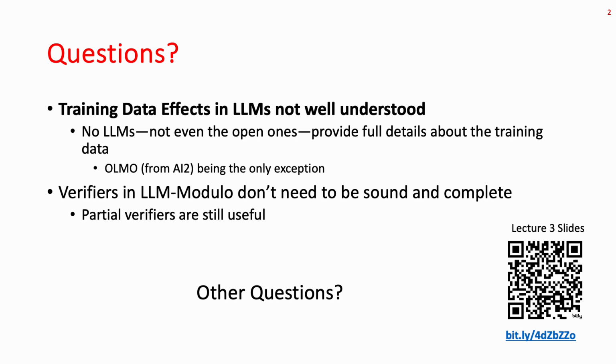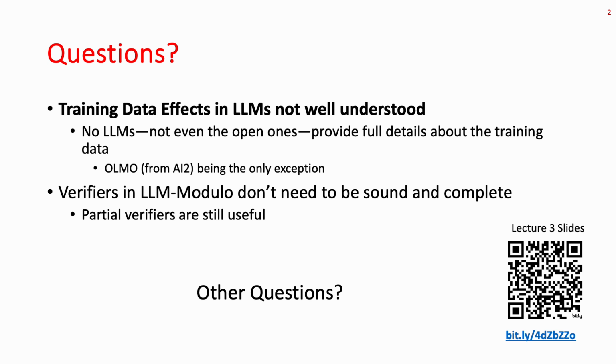Two things came out in long discussions after the morning session that might be of interest to others too. First, in general with LLMs, the training data effects are not well understood. You have no idea what is in the training data, and sometimes the answers to the questions might actually be in it.